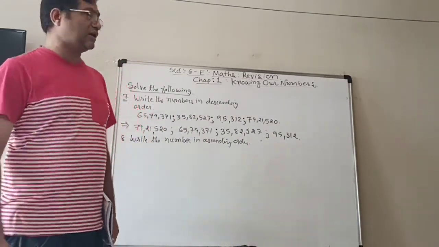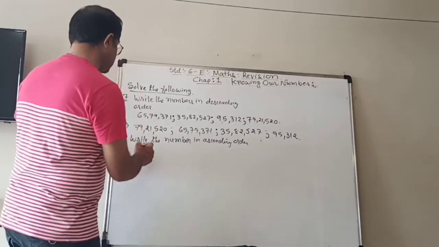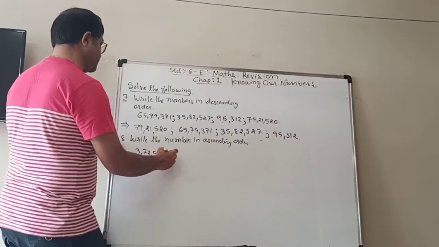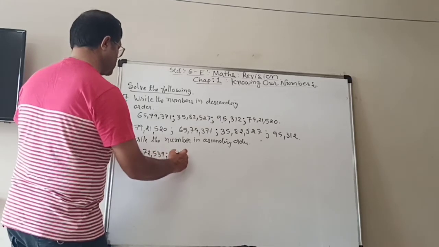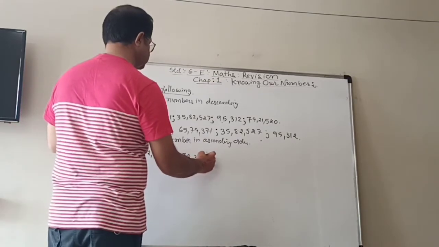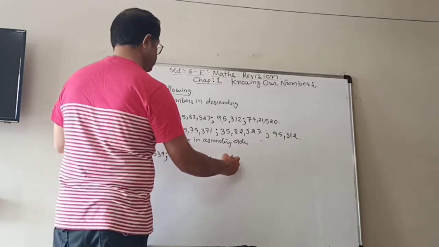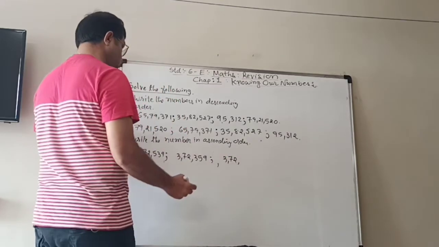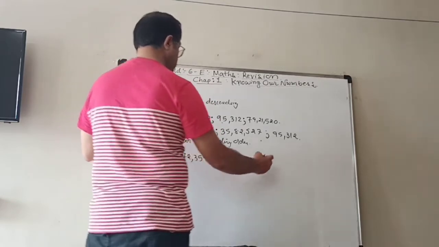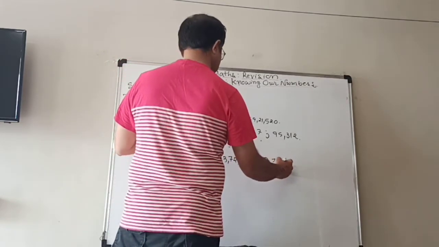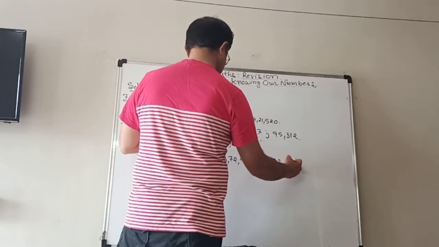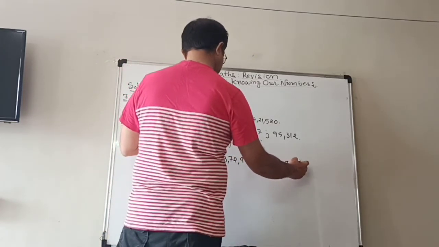Now, in ascending order: 372,539, 372,953, 372,359.